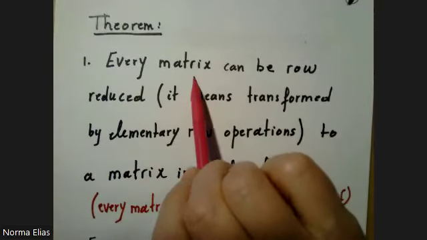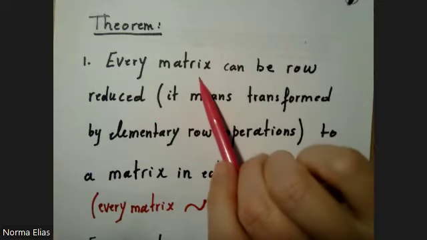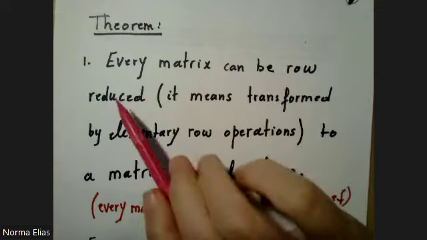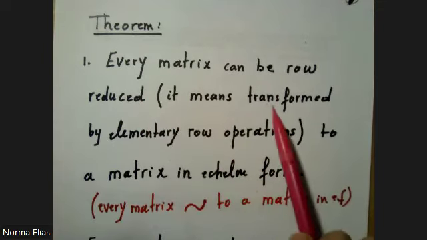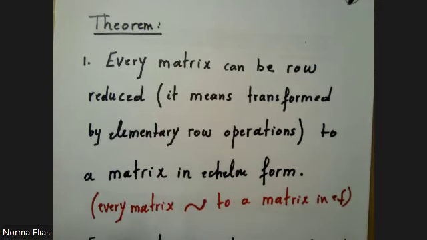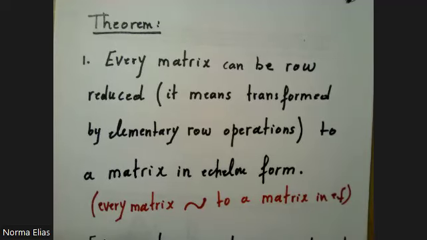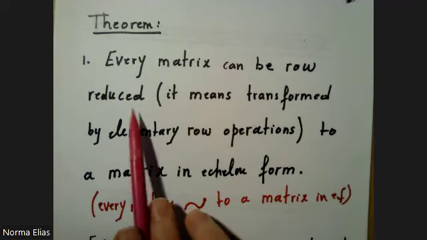If you take any matrix, regardless how complicated the matrix is, every matrix can be row reduced. What does it mean, row reduced?